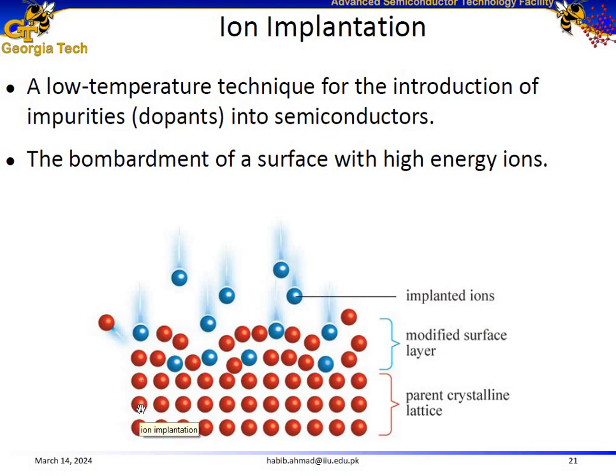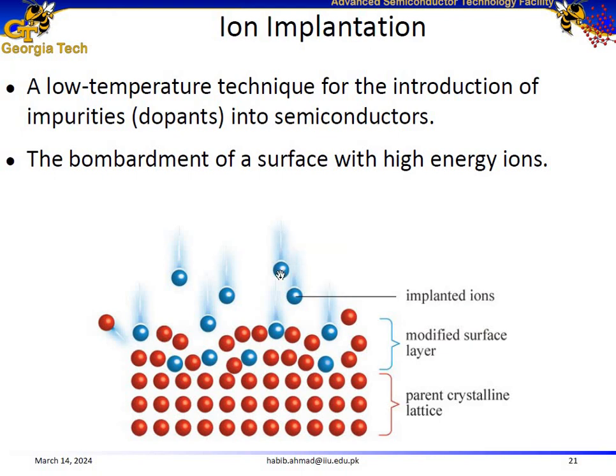Now we introduce high energy dopant ions. These could be borons for p-type doping or phosphorus for n-type doping of the silicon substrate.